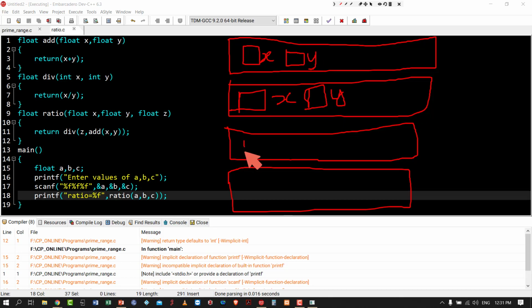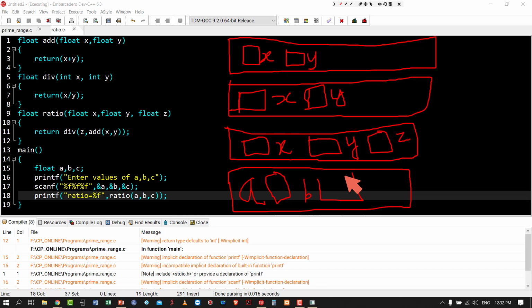In ratio I have 3 variables, x, y and z. So these 3 x are distinct. These 3 y are also distinct. In main I have 3 variables, a, b and c.